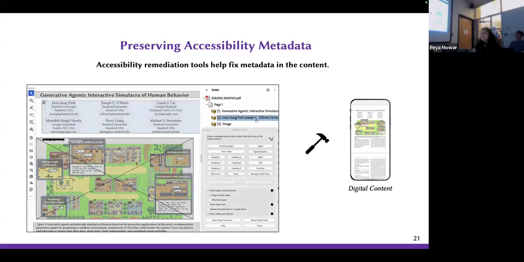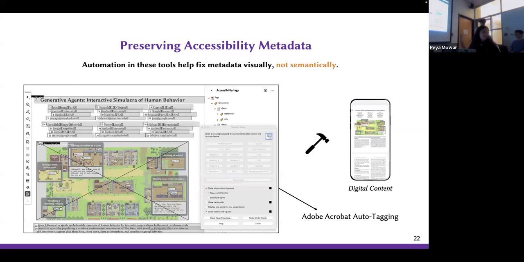And these tools have some automation, but their automation is really poor. So if you see the Adobe Acrobat's auto tagging, it might just generate bounding boxes based on some form of visual appearance, but not really take into account what it actually means. So for example, here Adobe Acrobat created a bounding box for each author, and didn't really tag the affiliation of the author with the author name.